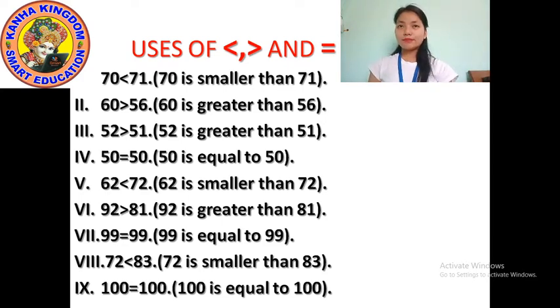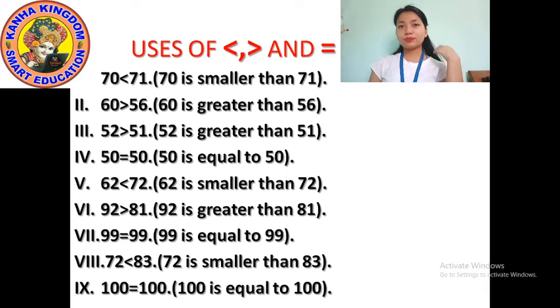Now in 6, 92 is greater than 81. If you compare 81 with 92 or 92 with 81, you will find that 92 is greater than 81.